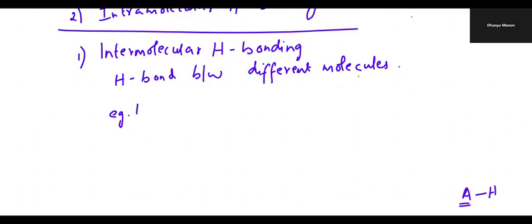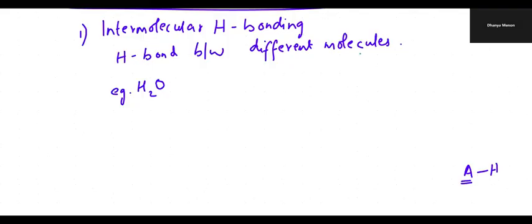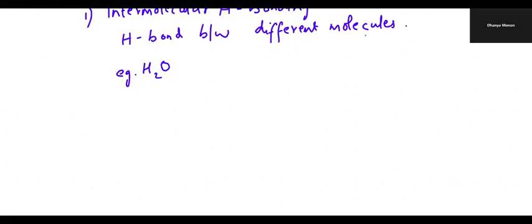For example, water. The necessary condition is that hydrogen should be covalently bonded to an electronegative atom, and the B atom should have a lone pair of electrons.